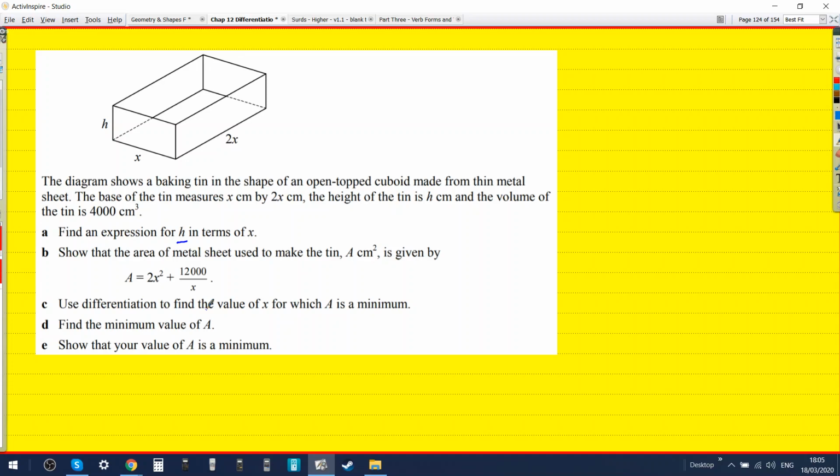That's part C. Should you use the volume equals base times height times length? Yeah. So then rearrange it so that you get h. So you divide the volume by the base and the length.